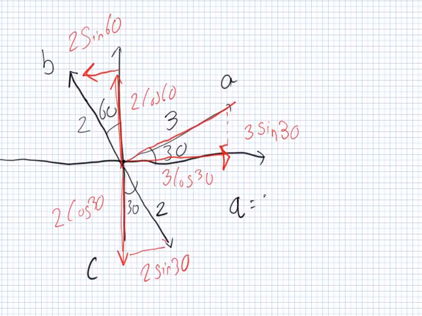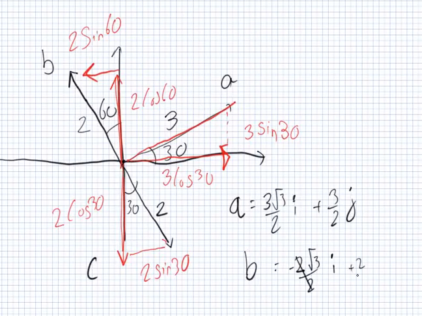So this would be 3 times root 3 over 2 i, and then sine 30 is a half, so plus 3 over 2 j. Then for B, it'd be minus 2 sine 60, so that's minus 2 root 3 over 2, so they cancel, i. And then the vertical is 2 cos 60, which is a half.